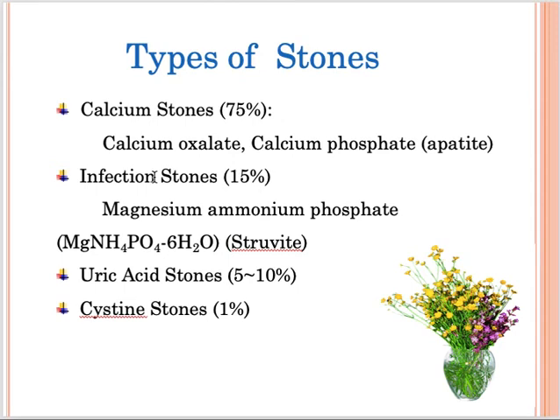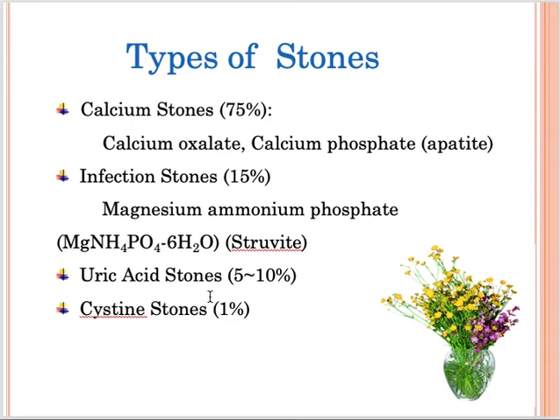Though it can be given in other conditions as well, AIDS patients are on indinavir, so they may have stones which cannot even be visible on CT scan. But the good thing is that all the common stones, calcium, infection or struvite, uric acid and cystine stones, are all visible on CT scan.